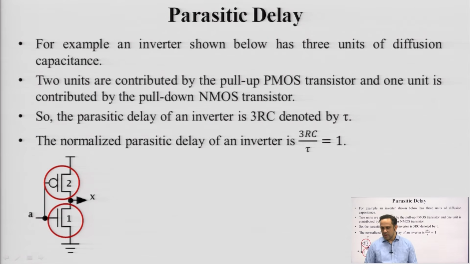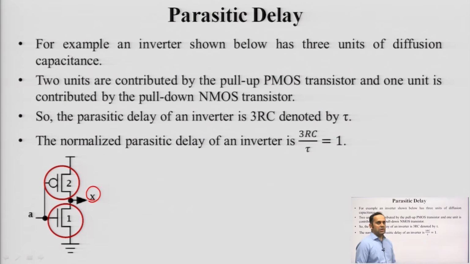Again we take the example of an inverter, the same inverter which we have analyzed a few times now, shown on your slide. If you see the output node here, X, this is your output node. If it is not driving any load, it has a PMOS connected to it and an NMOS connected to it.